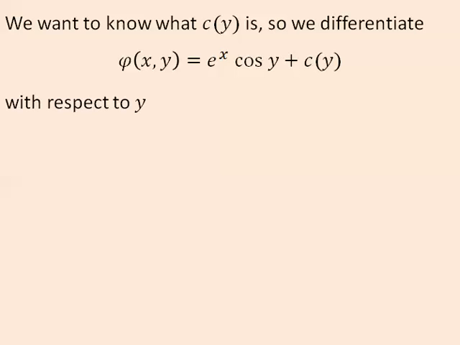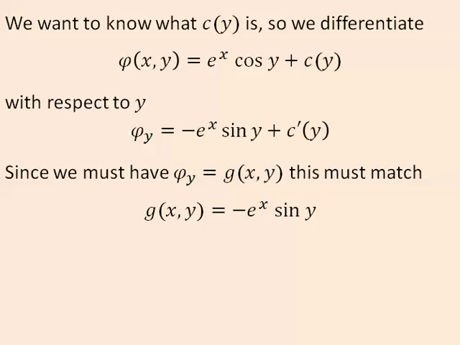Now we want to know what that constant of integration is. So we're now going to differentiate what we found, but we'll differentiate with respect to y. And this is what we get. Now we know what phi partial y must look like.